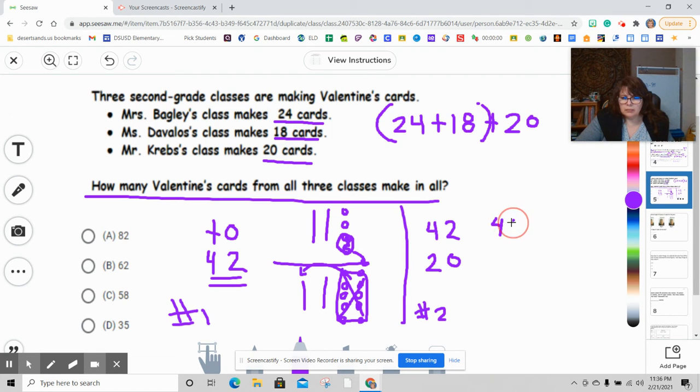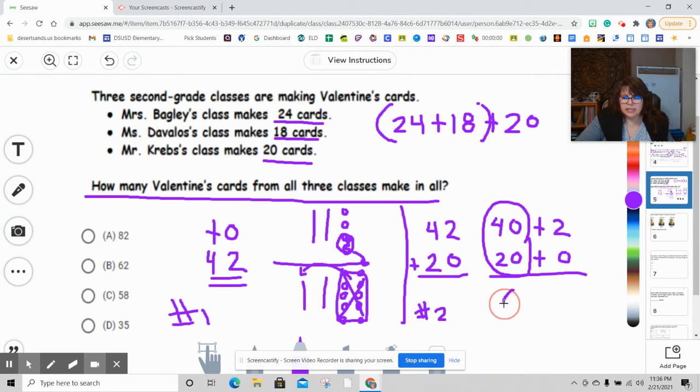40 plus 2 and then 20 plus 0, because we don't have nothing in the ones place. And now I add my tens, and 40 plus 20 is 60.